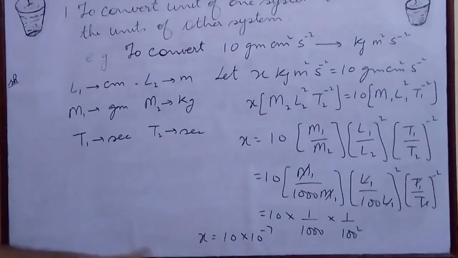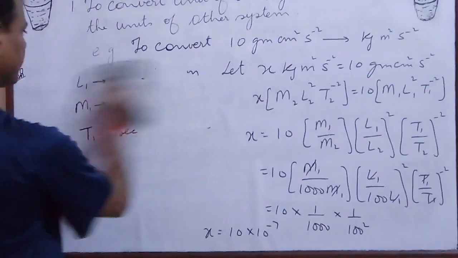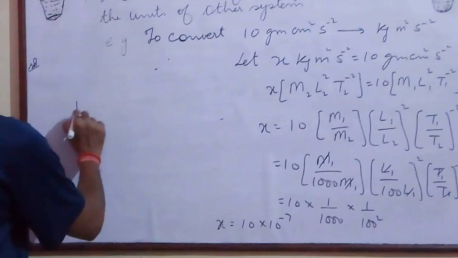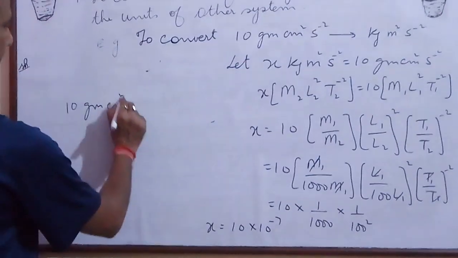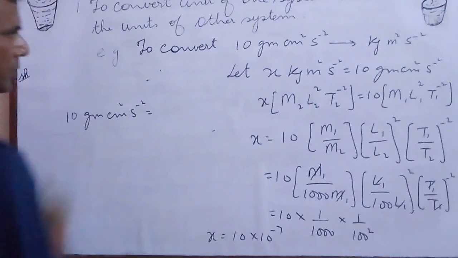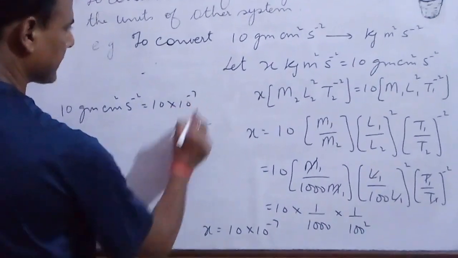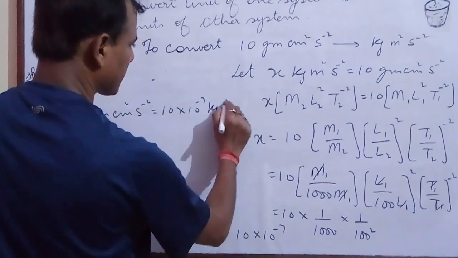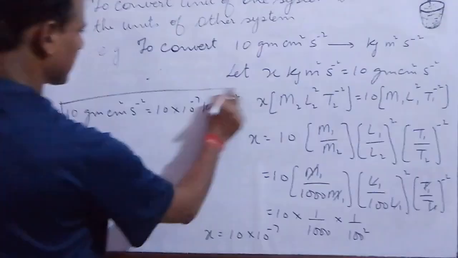Finally, 10 gram centimeter square per second square is equal to 10 into 10 to the power minus 7 kilogram meter square per second square. So this is how we have done it by the method of dimensions.